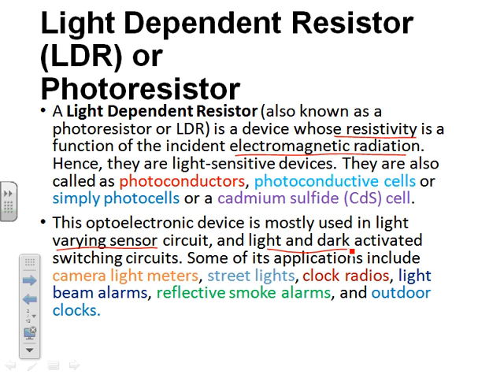Some applications are camera light meters, street lights, clock radios, light beam alarms, reflective smoke alarms, outdoor clocks, etc. This sensor is used wherever we want to switch some device corresponding to the intensity of the light.